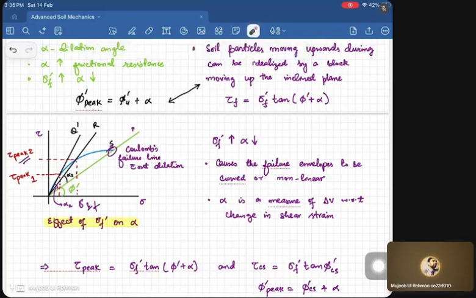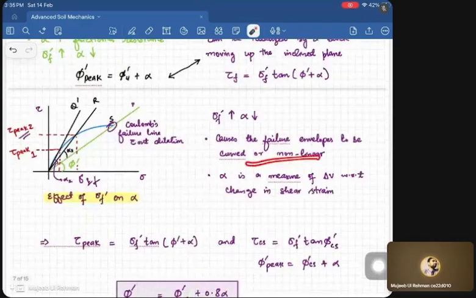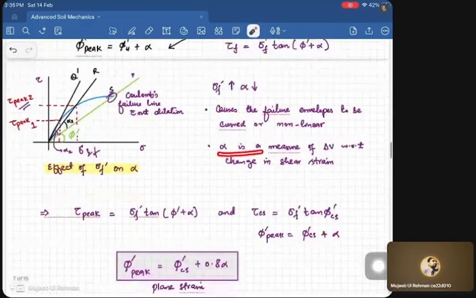It means that as we are increasing the normal stress on the sample, this dilation angle is getting reduced. So this causes the failure envelope to be curved or non-linear, and alpha, the dilation, is a measure of volumetric strain, the change in the volume with respect to the change in the shear strain.